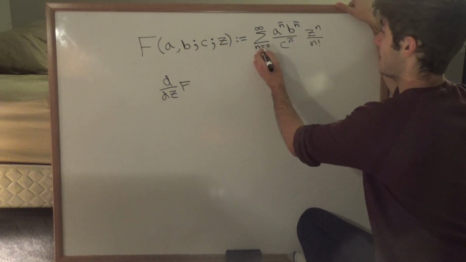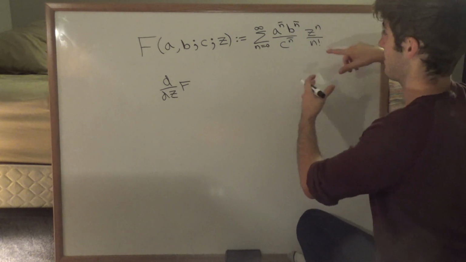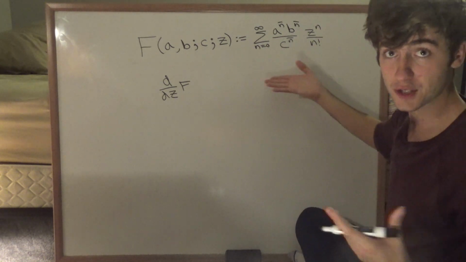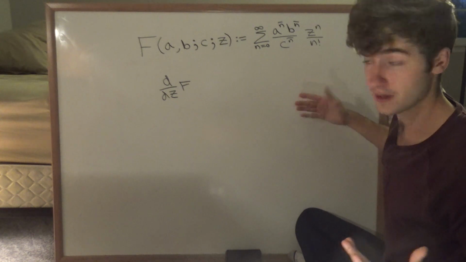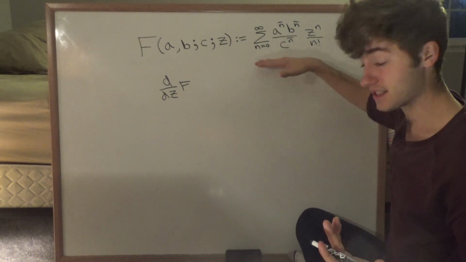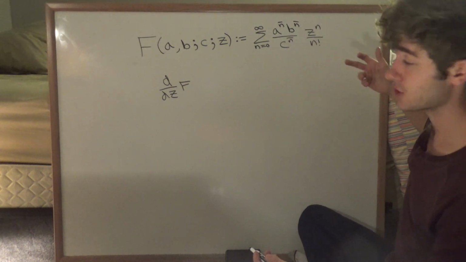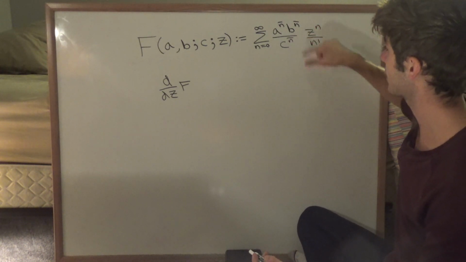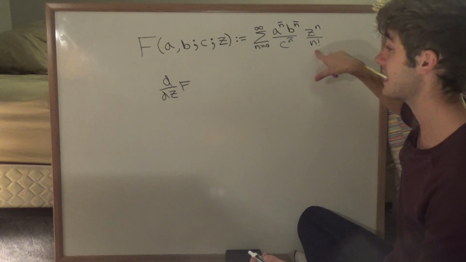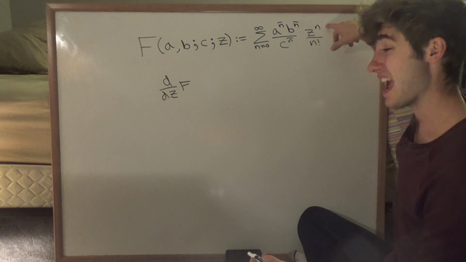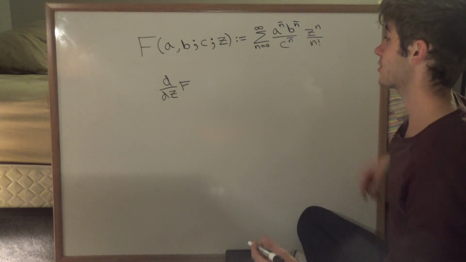And naturally, we can just bring down the power, use the power rule, right? This is just, if this is well defined, and if this is differentiable on the unit disk, then we can just apply the derivative to each of the terms, and we just use the power rule. The n comes down, cancels with the n factorial here, and we're left with z to the n minus 1 divided by n minus 1 factorial.